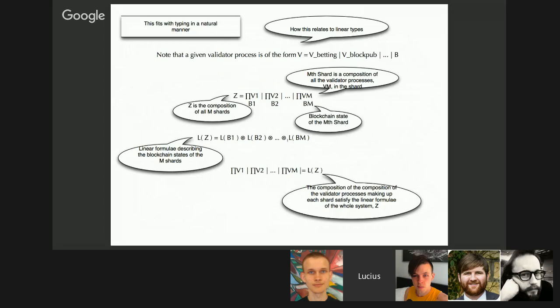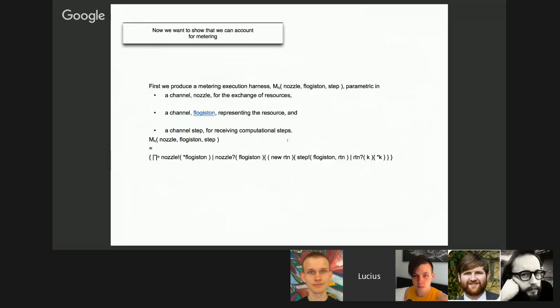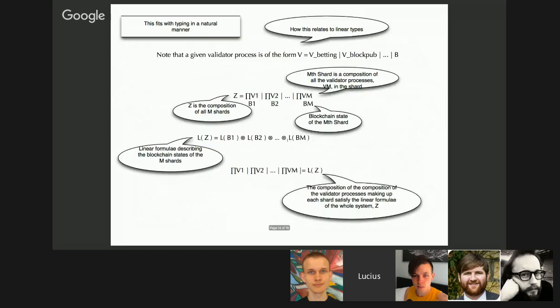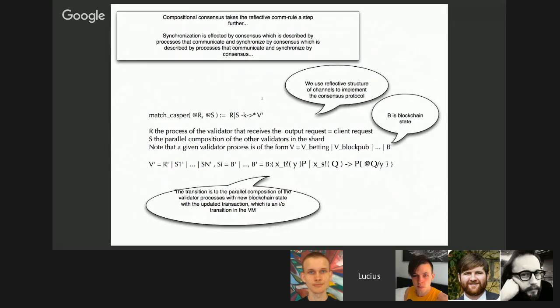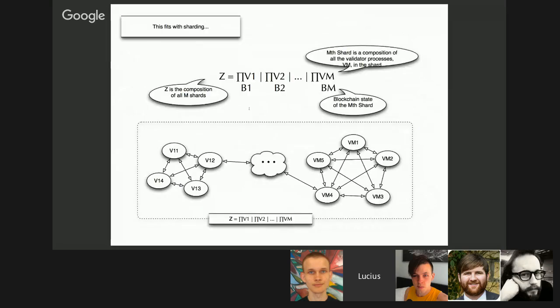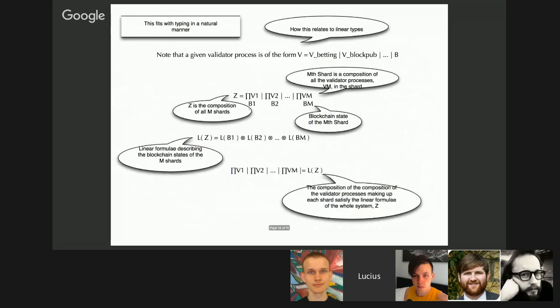It fits with the development methodology. So notice that this was really just a sanity check. If we make this assertion that a compositional account of consensus looks like this, does it map onto our picture of the architecture? Yes, it does.